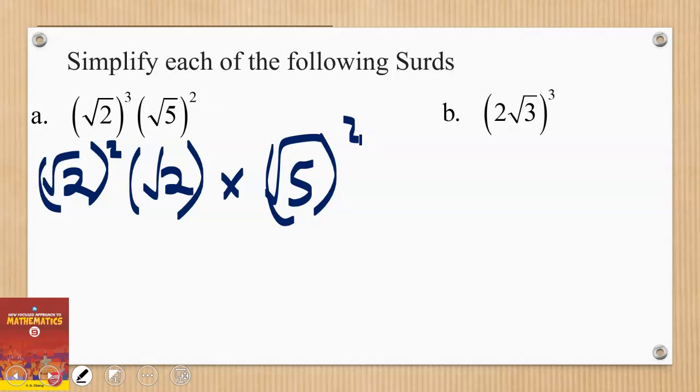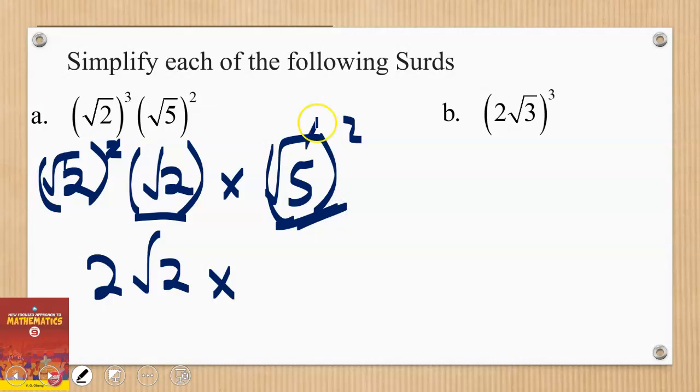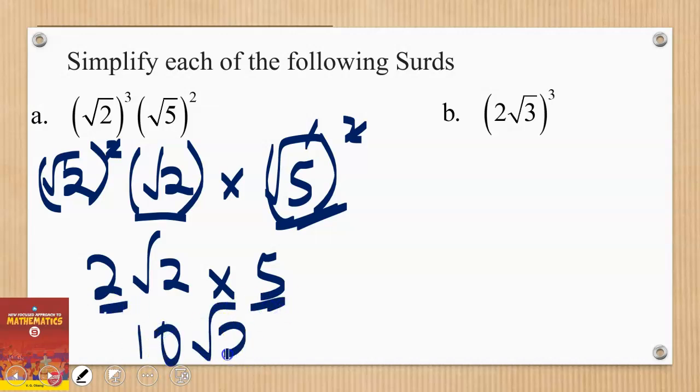We learned that square root always cancels square. And so here we'll be left with 2 times root 2, and here also the square will cancel the root, leaving us with just 5. Now we can multiply 2 and 5 to give us 10. Then we say root 2 and that becomes our answer. And so the simplification of this is 10 root 2.